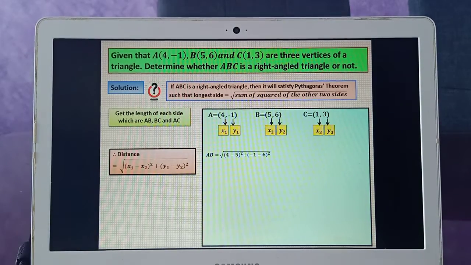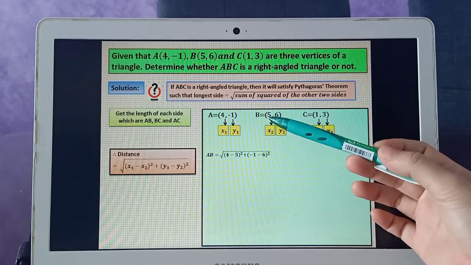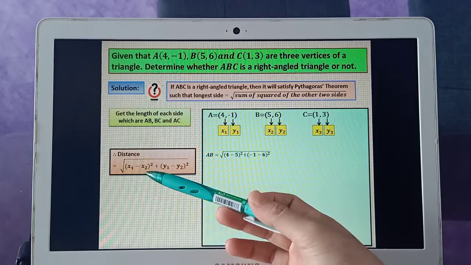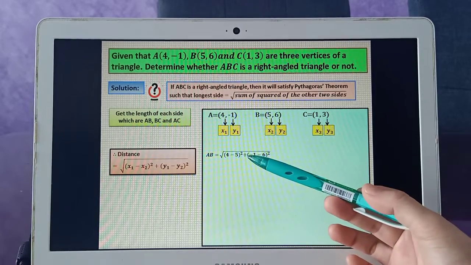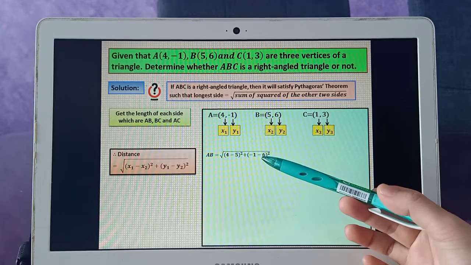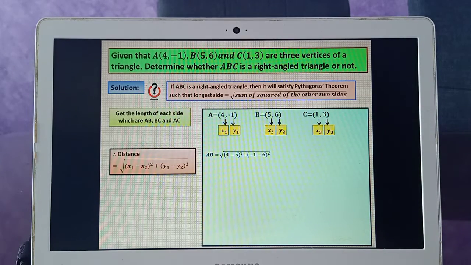AB is equal to 4 minus 5, put it in a bracket, square, according to the formula. Just replace everything you have here, write it correctly, and then get the answer from the calculator. So you will get square root 50 units as the length of AB.